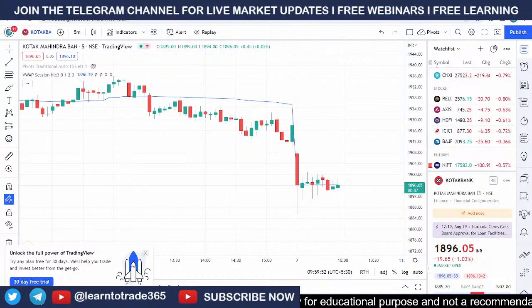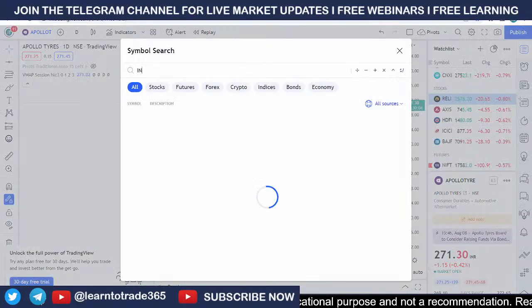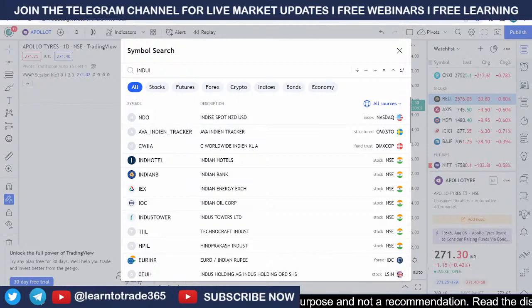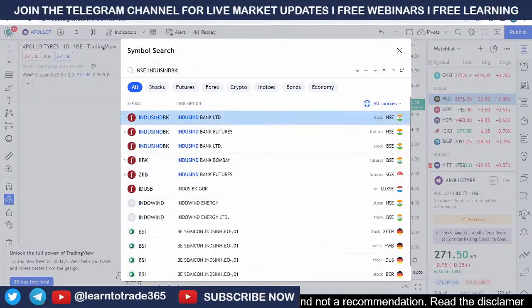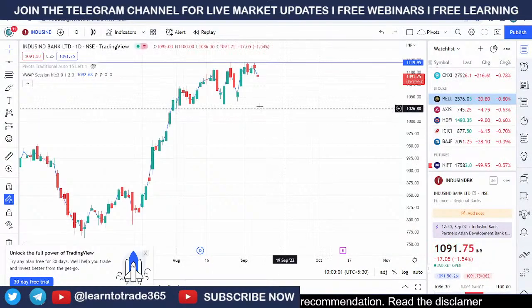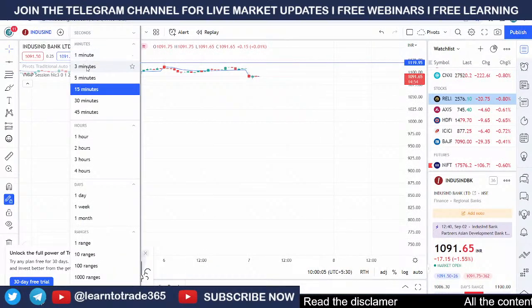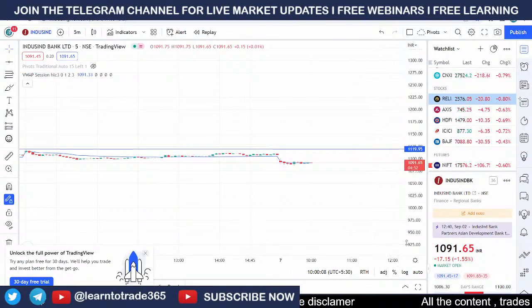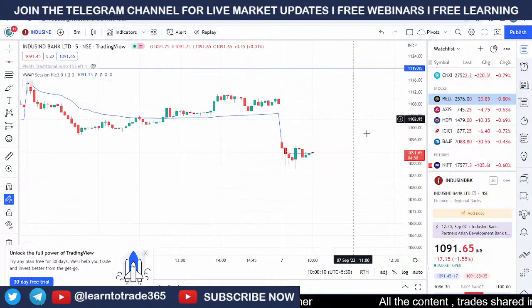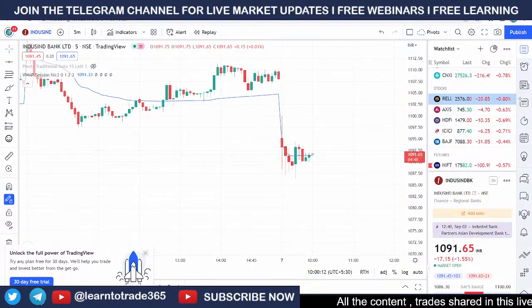Even if we are looking at any other stocks, a stock like IndusInd Bank also gives a small contribution, बैंक निफ्टी में कंट्रीब्यूट करता है IndusInd बैंक भी. Even here IndusInd Bank, small down move in the morning, immediately price reject करने की कोशिश था IndusInd Bank में भी.